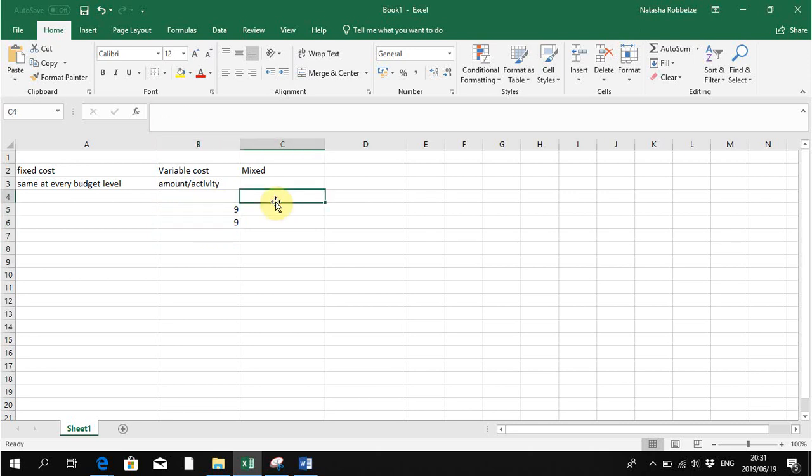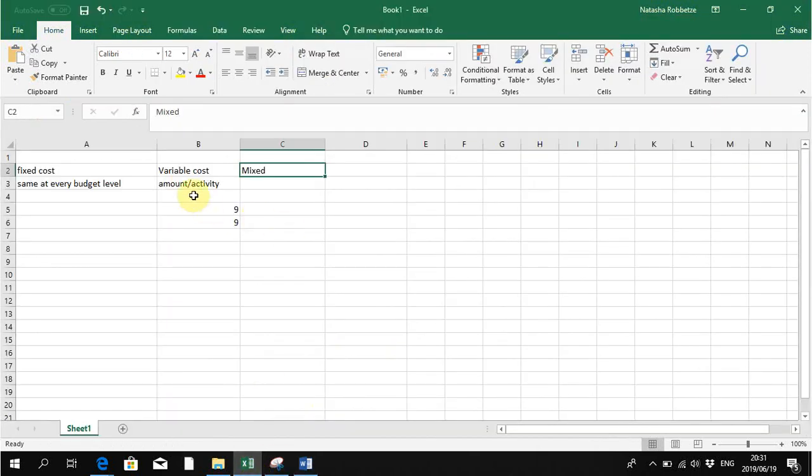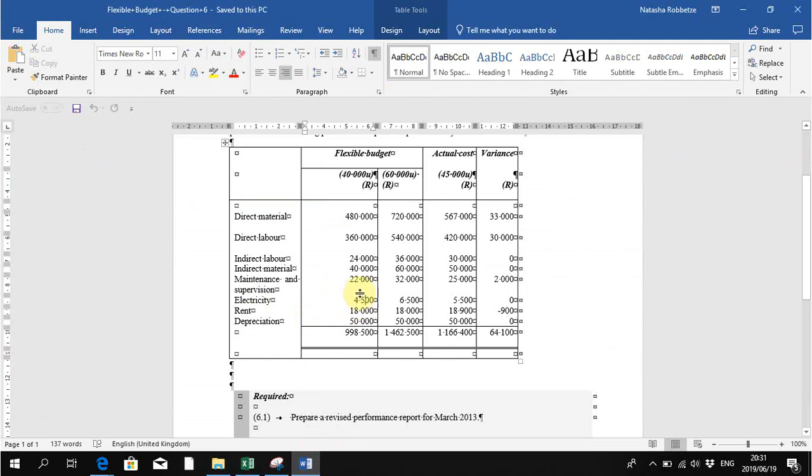Then there is a mixed cost. A mixed cost consists of a calculation that you need to do, where one portion is variable and one portion is fixed. An example of a mixed cost in this question is electricity. You know that it is a mixed cost because if you do the variable cost test, in other words amount divided by activity, you do not get the same amount. Electricity is 4,500 rand for 40,000 units.